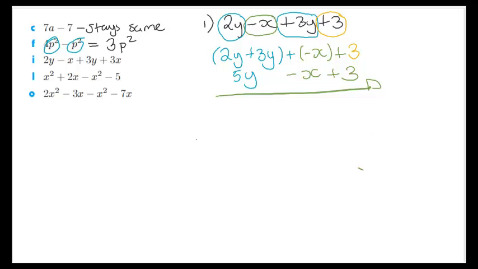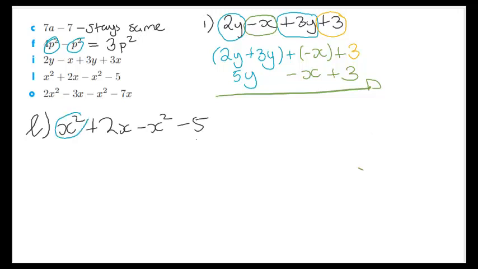Let's look at question L. Question L says x squared plus 2x minus x squared minus 5. Now notice that I have x's and I have x squared. Are they the same terms? Are they alike? No, they are not.